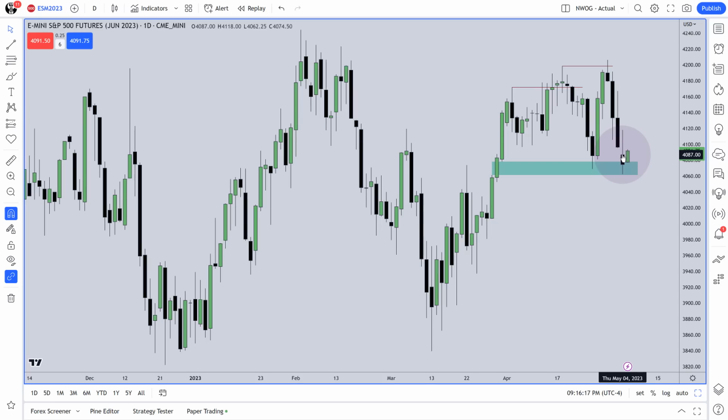But right now where I am, in my time zone, it's still Thursday at 9:16 p.m. But the low of this candle comes in at 4062 and a quarter. So it's just one handle shy of meeting that candle's high.